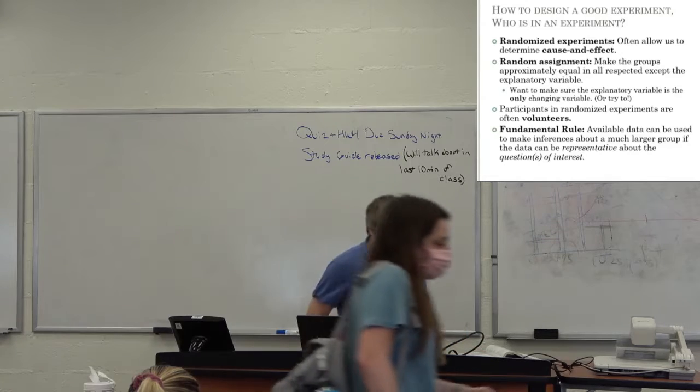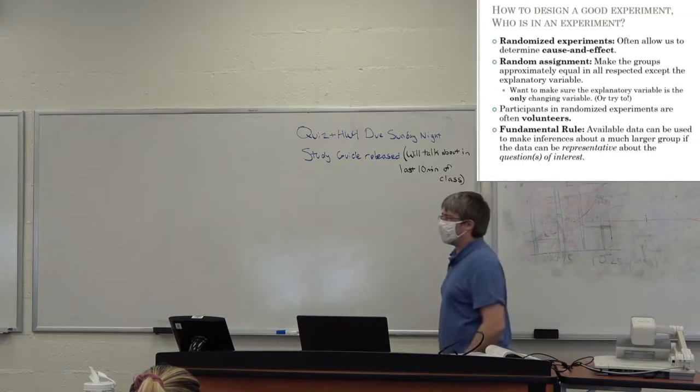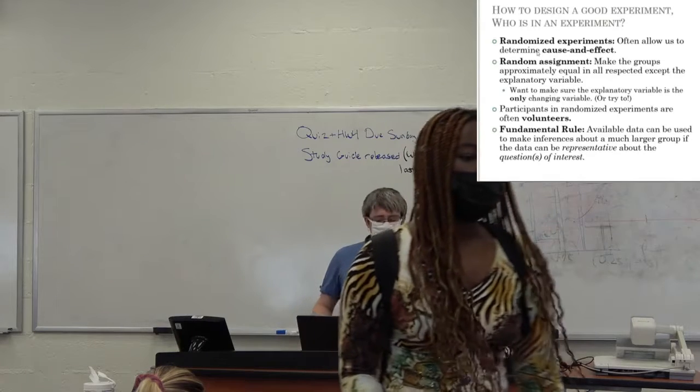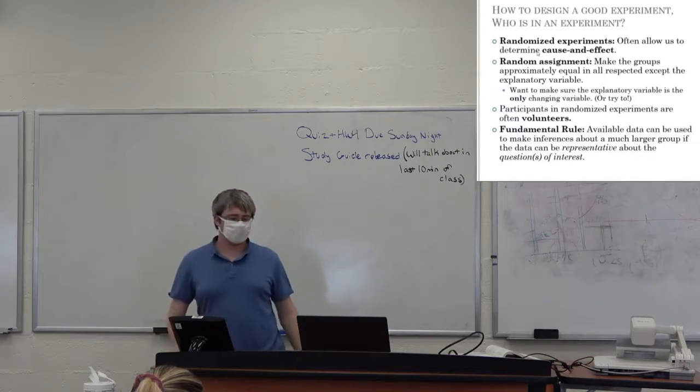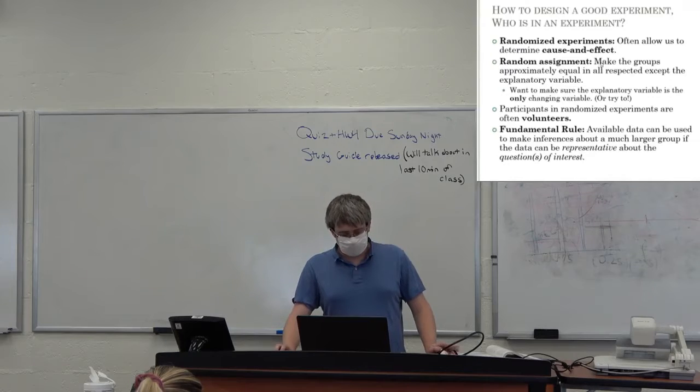All right, so I just want to start here. I know we hit this slide last time, but I just want to reiterate why it's important to randomize. If we do randomize in these experiments, we can often determine what is cause and what effect is in this case. To prevent any type of biases, we want to use random assignment.